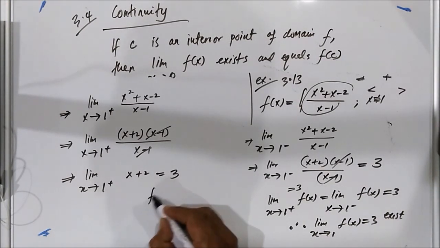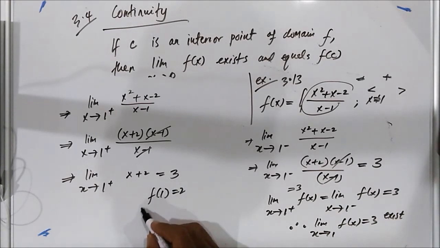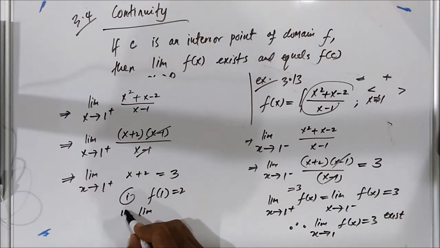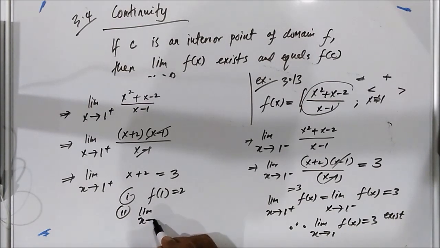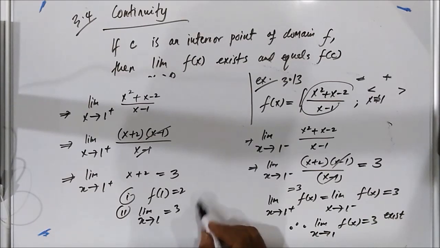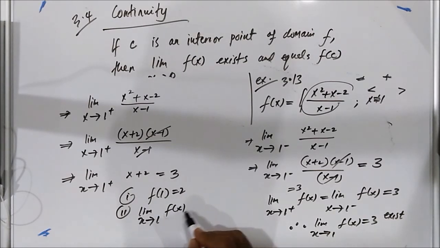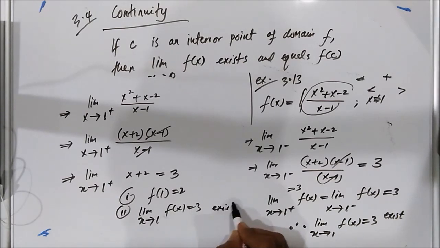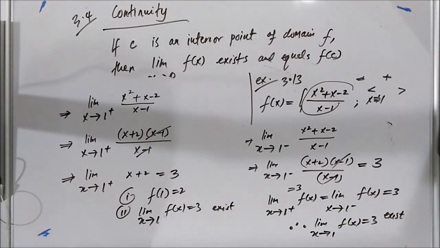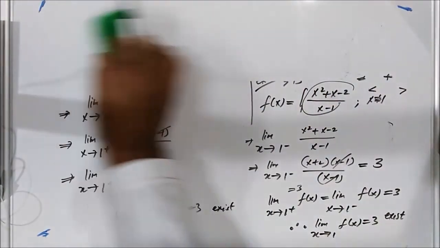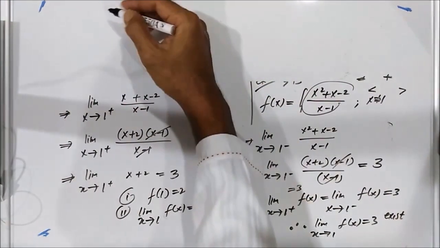f(1) is equal to 2. Then the limit of x approaching 1 of f(x) is equal to 3, which exists. But the other problem is the third one. We have three conditions.